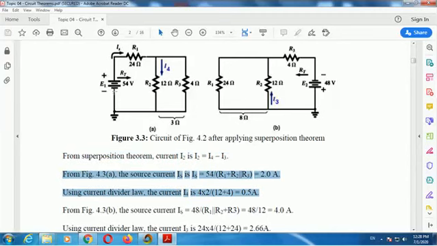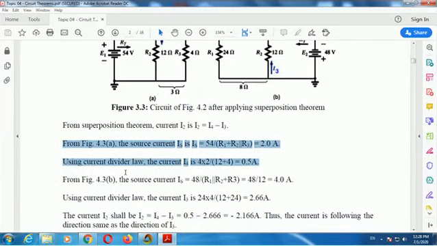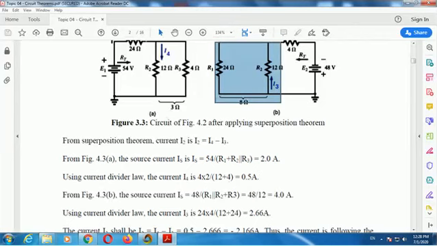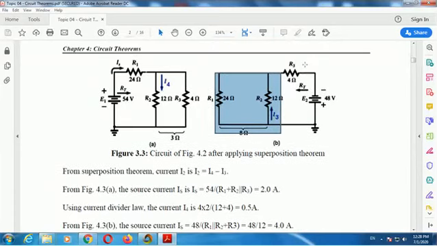Next, circuit B is for the 48 volt source. We repeat the same thing. Here R1 is in parallel with R2, plus R3, and we get R total as R1 parallel R2 plus R3.